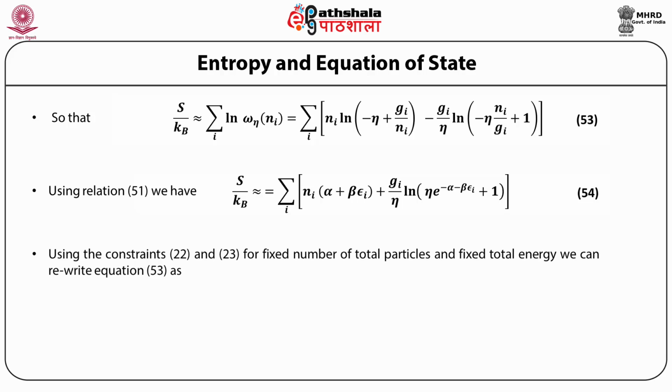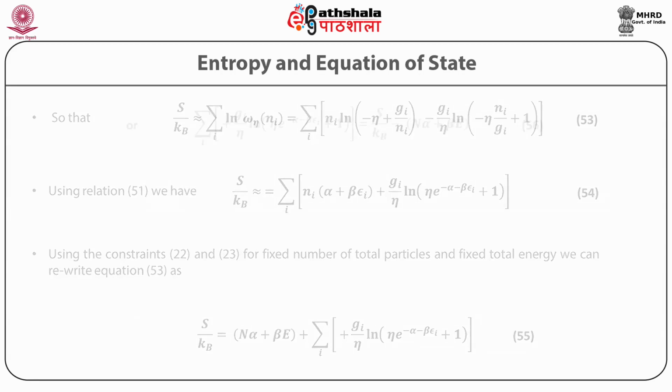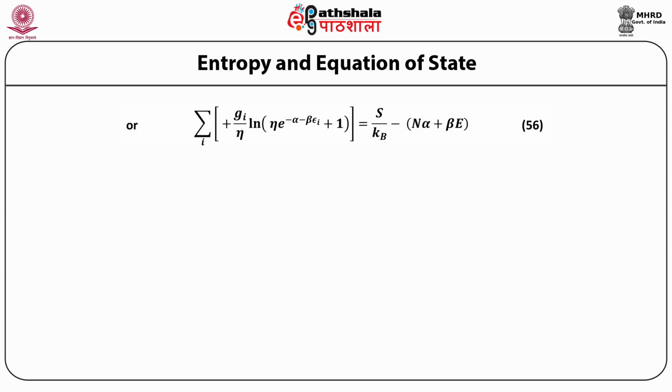Using the constraints 22 and 23 for fixed number of total particles and fixed total energy, we can rewrite equation 53 as S/kB = n α + β E + summation over i of (gi/η) log(η e^(−α−βεi) + 1), or summation over i of (gi/η) log(η e^(−α−βεi) + 1) is equal to S/kB − (nα + βE).